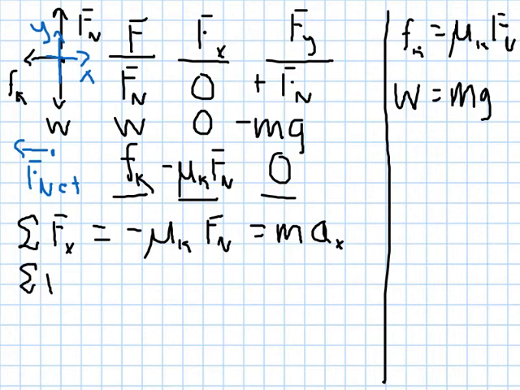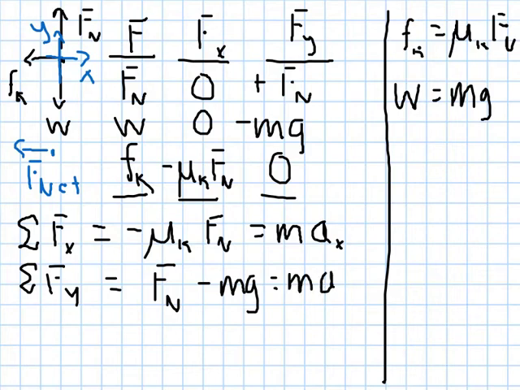Now the sum of the forces in the y direction is equal to this positive normal force, and then I can subtract the weight, and that is going to be equal to the mass of the vehicle times the acceleration in the y direction.